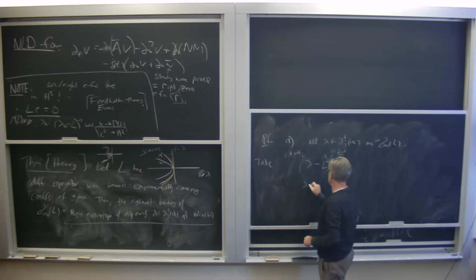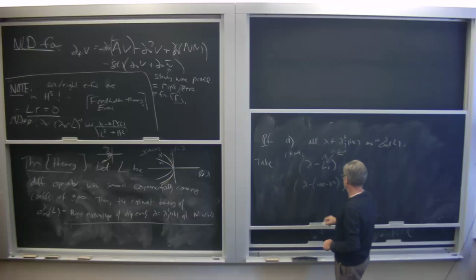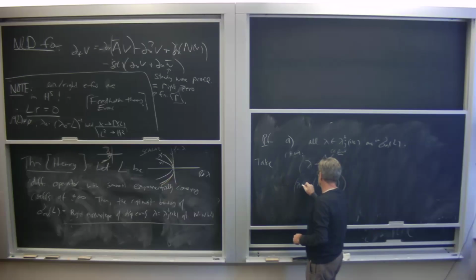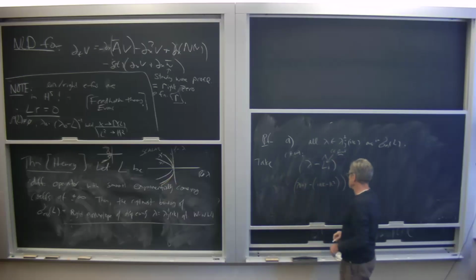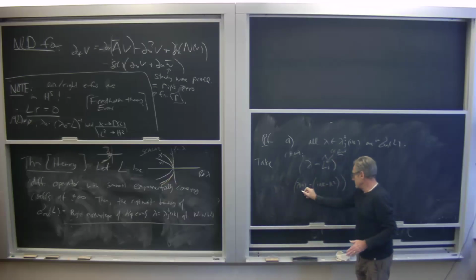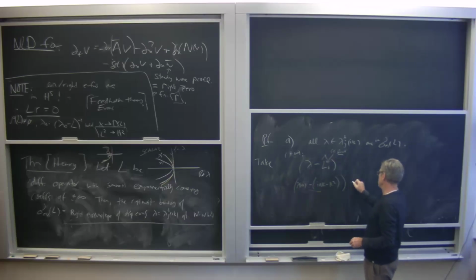So this is lambda minus I a k minus k squared, or lambda of I k, set up to be 0 times some eigenvector, which in this case is just 1, and it's 0.